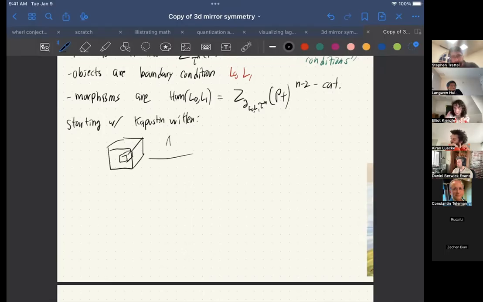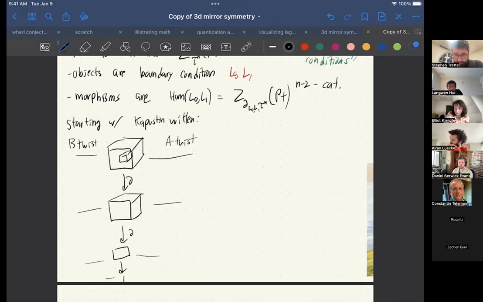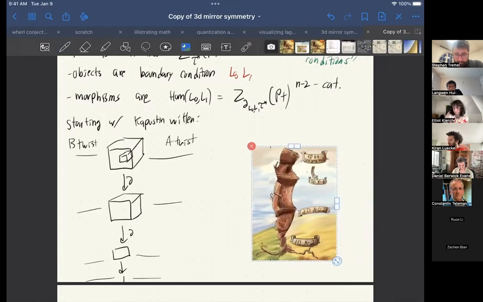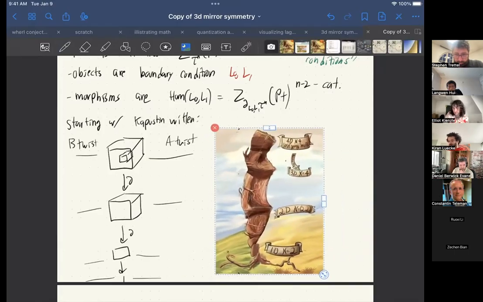We have the A twist and we have the B twist. And we can take the boundary and get a three-dimensional theory, and then the boundary and get a two-dimensional theory, and the boundary and get a one-dimensional theory. Each of these have A twists and B twists, all of whom respect this boundary structure. Okay? And that's exactly what this picture right here is trying to show.